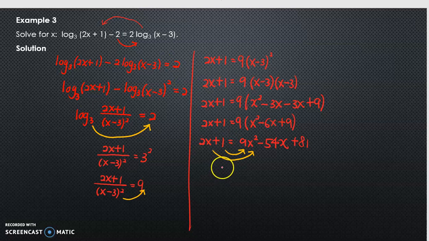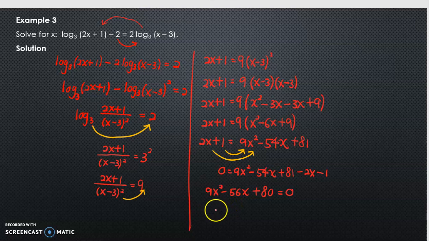So here I will have 0 is equal to 9x squared minus 54x plus 81 minus 2x minus 1. So I try to simplify: 9x squared, negative 54 minus 2x, negative 56x, 81 minus 1, so it's plus 80 is equal to 0.